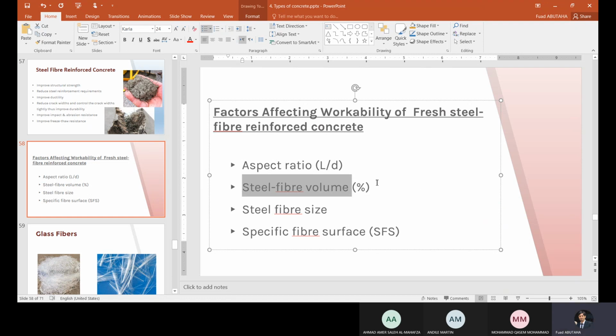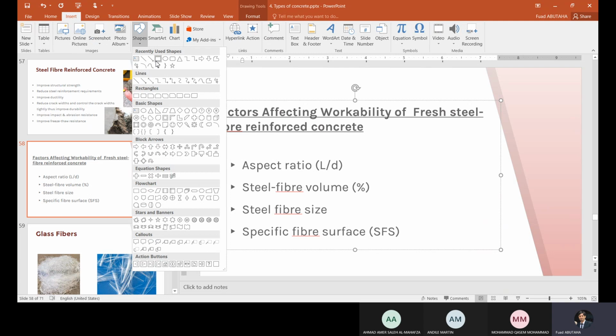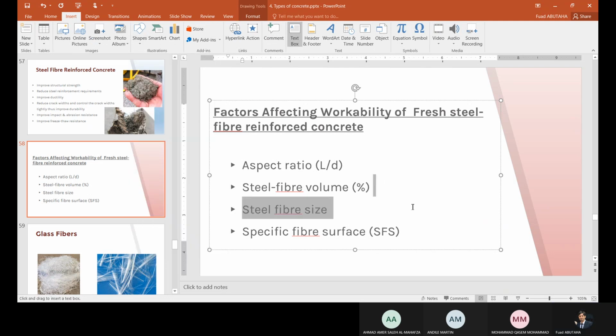The maximum volume to be used in the concrete is 2% of the total volume.